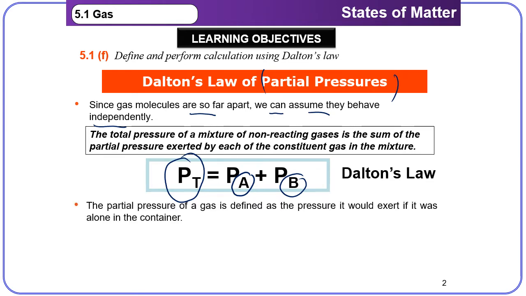The partial pressure of the gas is defined as the pressure it would exert if it was alone in the container. So in this case, the container that we use to calculate the partial pressure of gas A and partial pressure of gas B is the same.